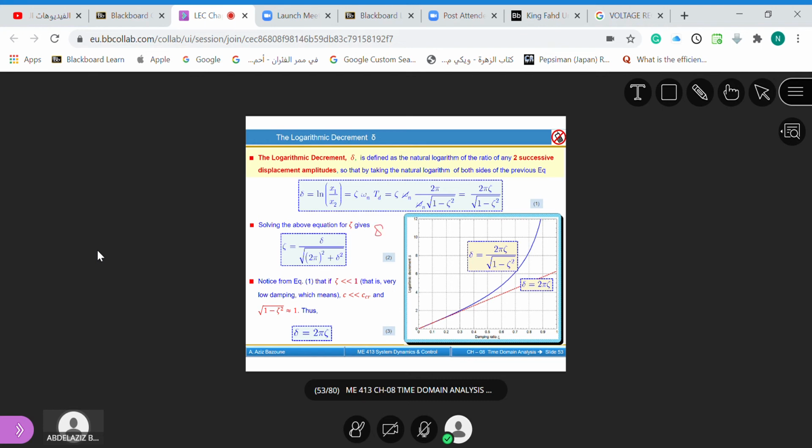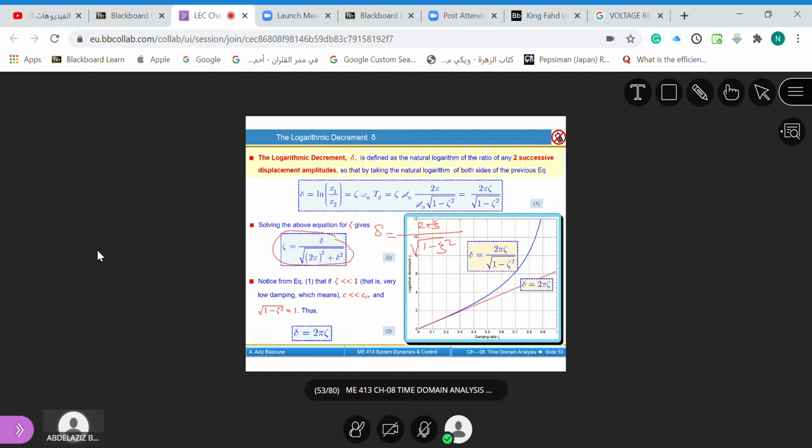This value is equal to 2 pi zeta over the square root of 1 minus zeta squared. Now we solve for zeta. When we solve for zeta, we find the damping ratio from the value of the logarithmic decrement.